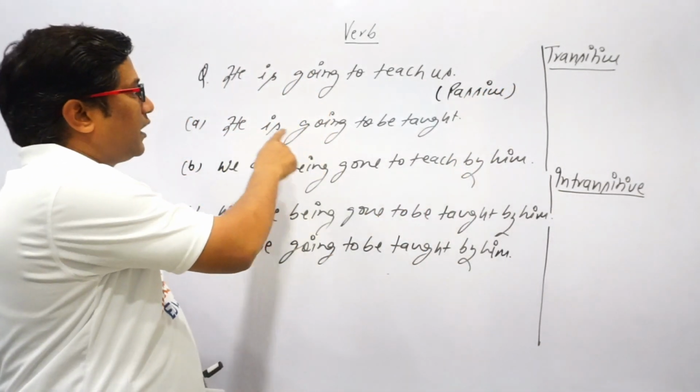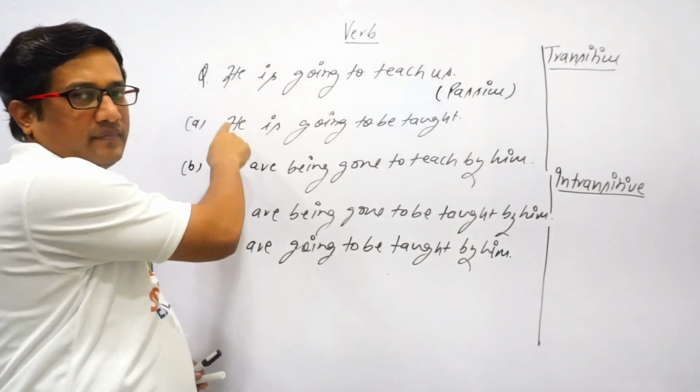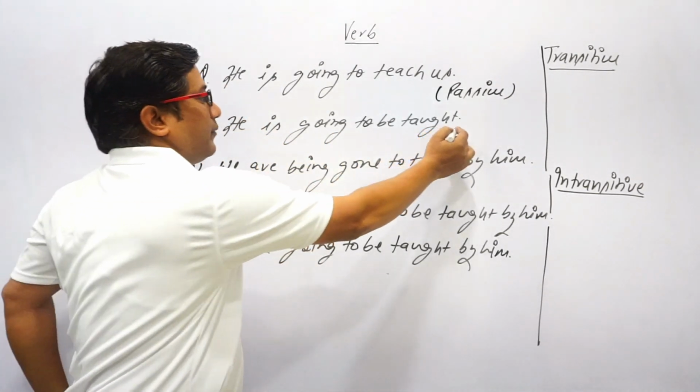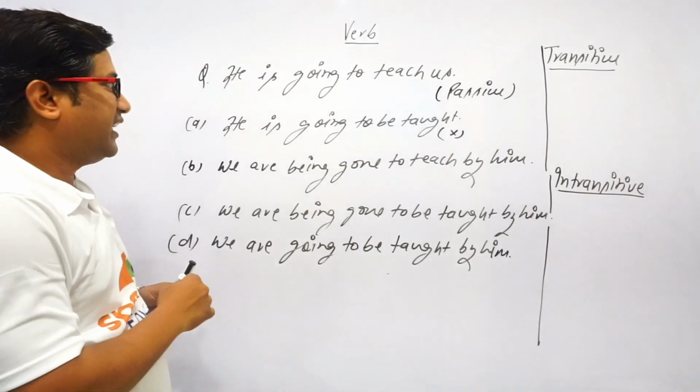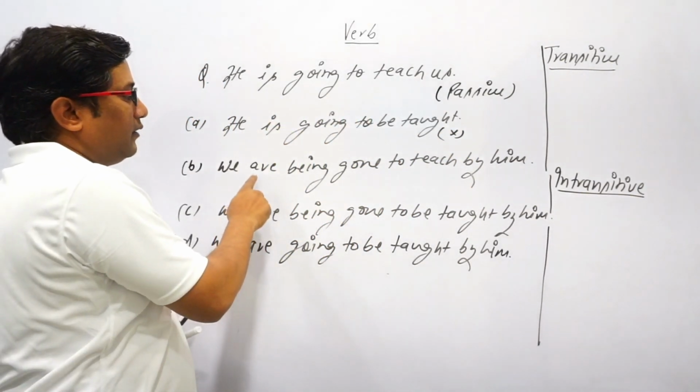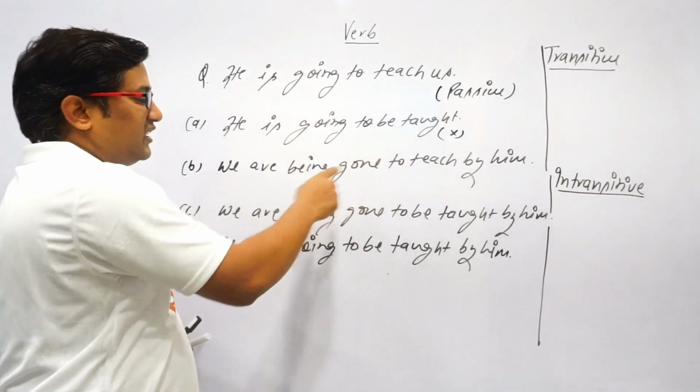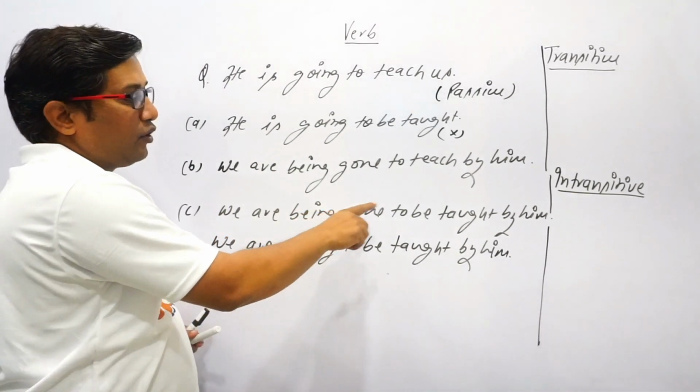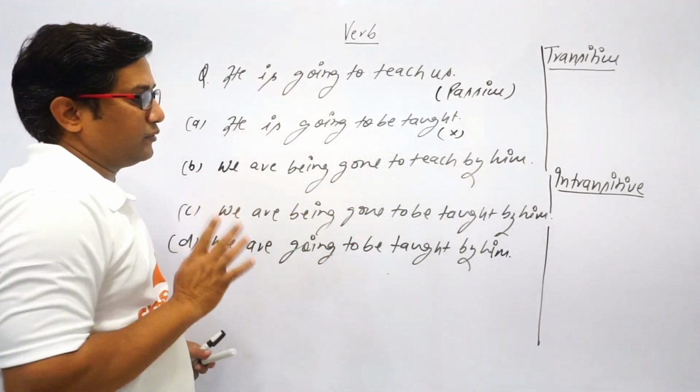Now there are four options. Is going to be taught, the same, that cannot be an answer. Next one is we are being gone to teach by him, we are being gone to be taught, and we are going to be taught.